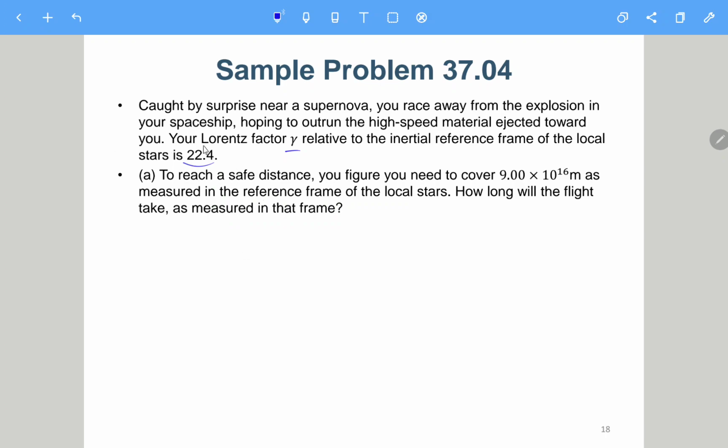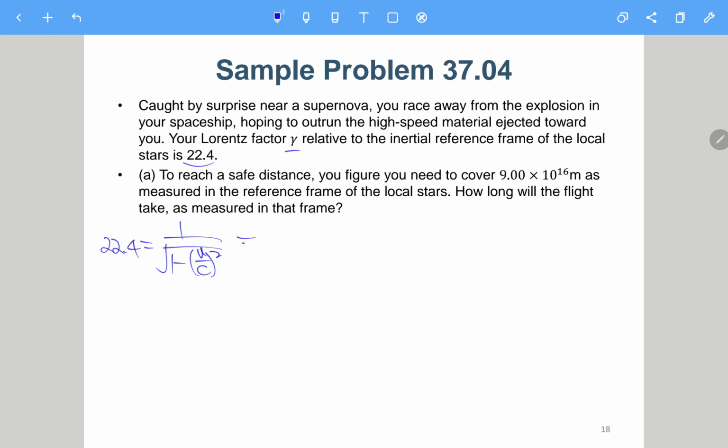Okay, so let's check what is the speed v when gamma is 22.4. So we have 22.4 equals 1 over square root of 1 minus v over c quantity squared. So this is gamma.